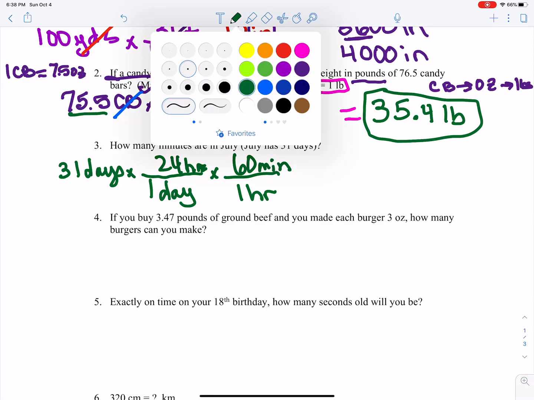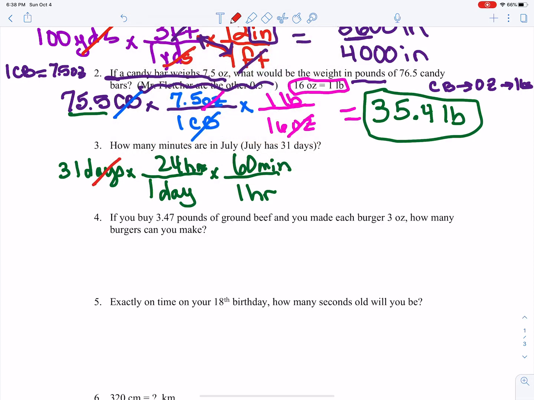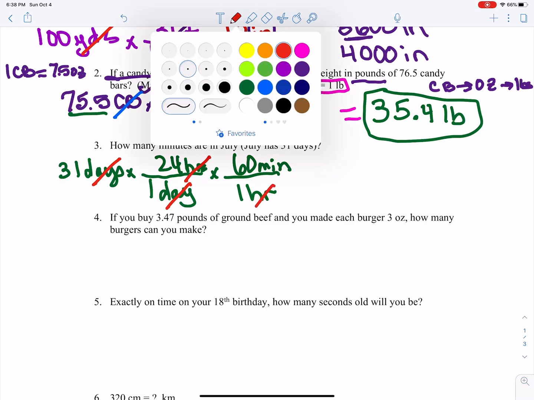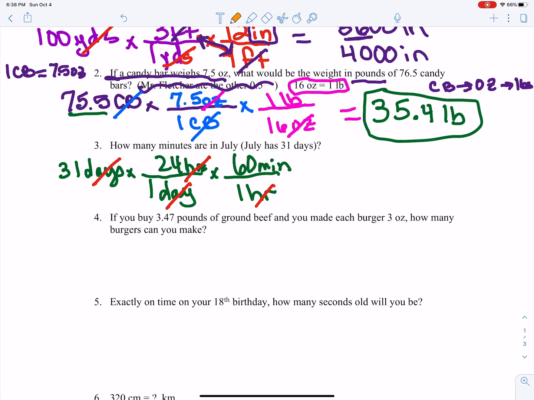I get that. What we want to show is our units cancel out. So days cancels each other out, day divided by day, and then hours divides out an hour. So when I do the math, 31 times 24 times 60.